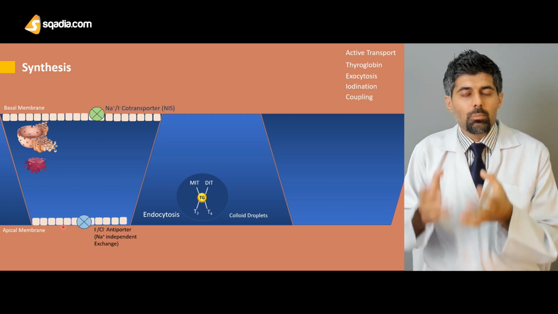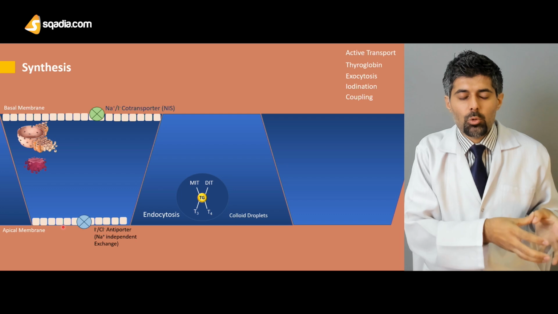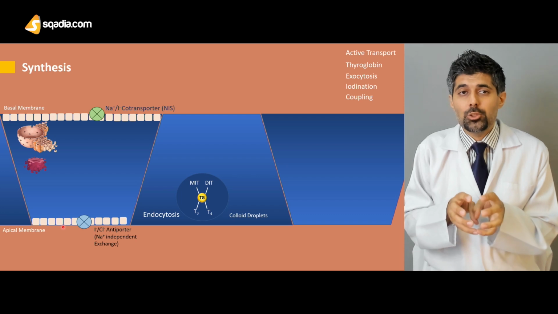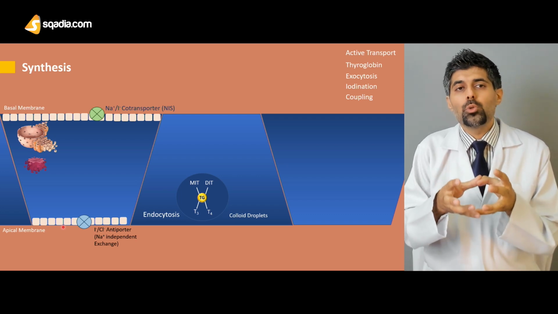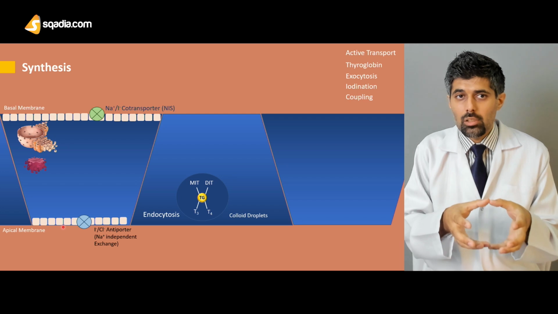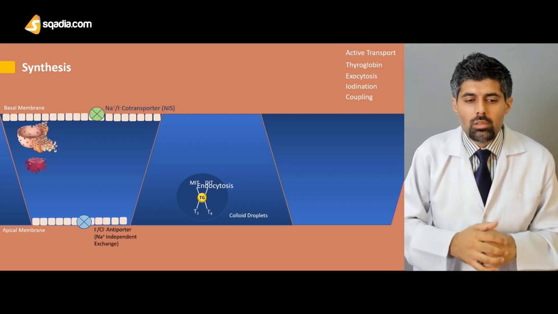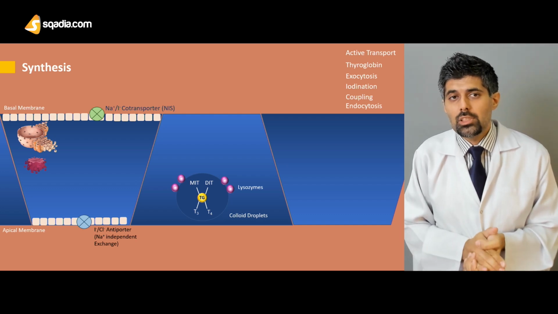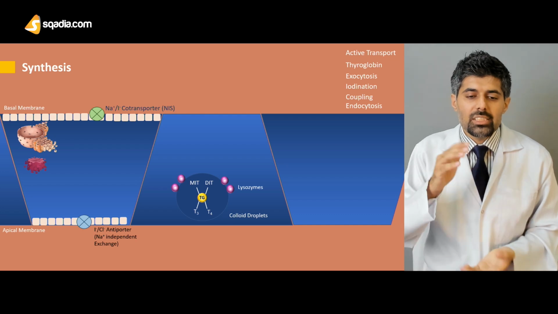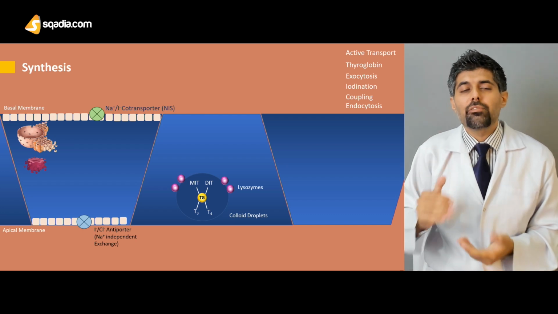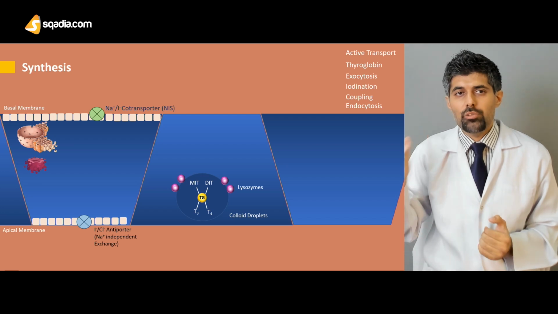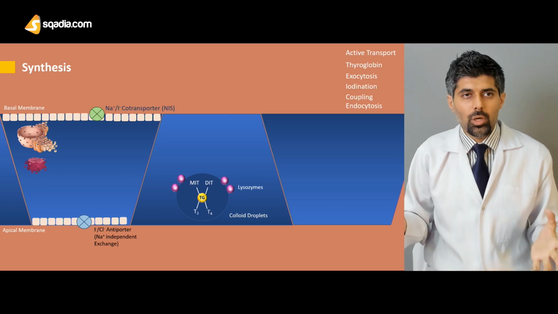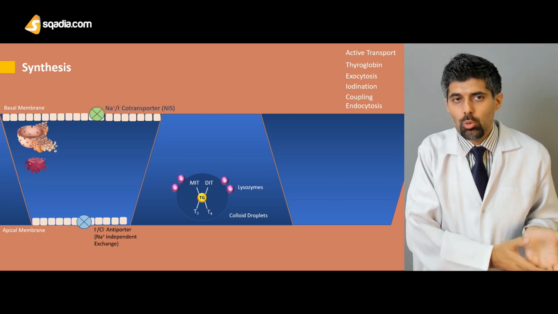Endocytosis is the process via which this thyroglobulin, which still has four different iodinated groups attached to it, moves inward to the colloid of the follicle. And this endocytosis is the last of the six different steps of the synthesis of the tyrosine iodinated compounds, or the thyroid hormones.